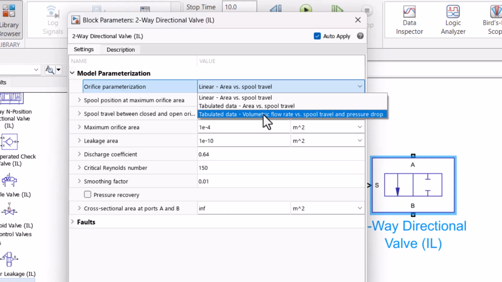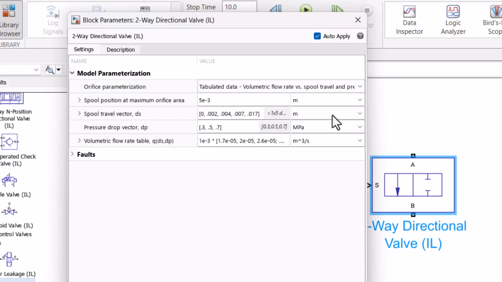And you may instinctively think the third option is better to use, since it asks for the volumetric flow rate and pressure drop. But in my experience, it is not advisable to use this one, since it asks for a pressure drop vector, and it is going to interpolate and extrapolate it linearly.